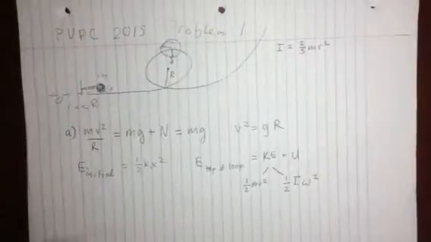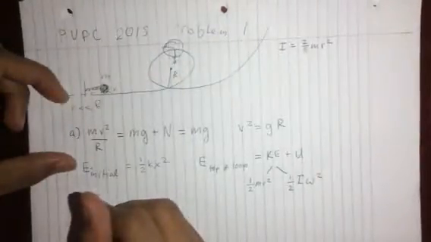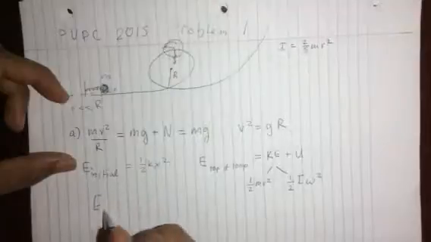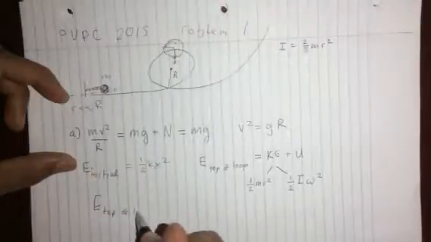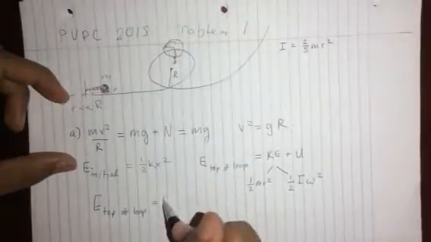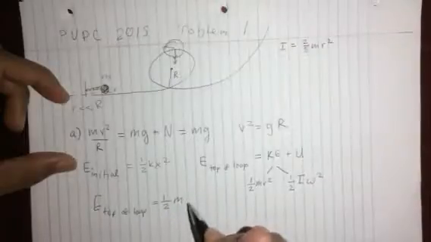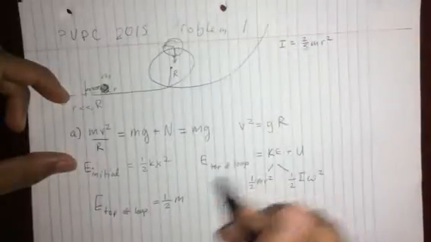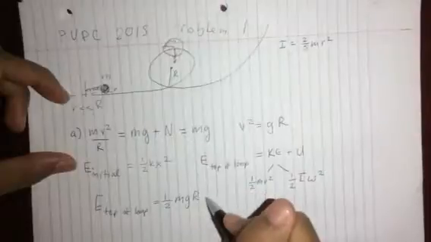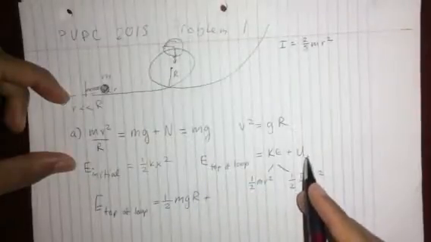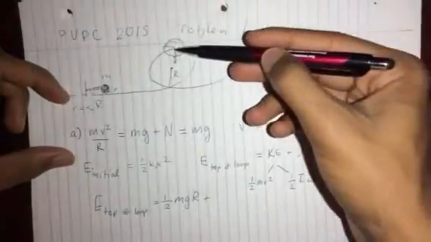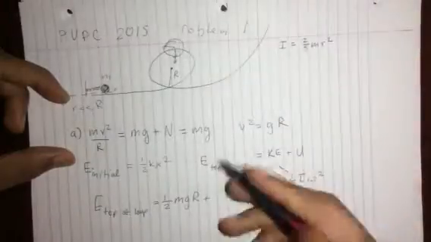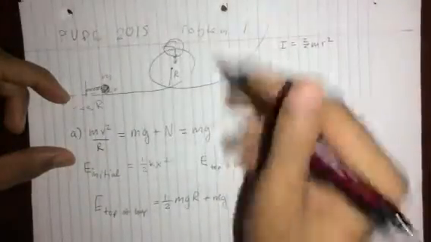So let's write this here. E at the top of the loop equals 1/2 mv squared. Well, v squared is gR, so this is 1/2 mgR, plus the potential energy due to gravity, which is mass times gravity times the height.